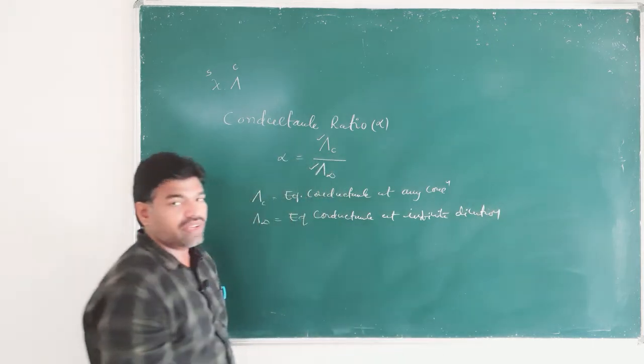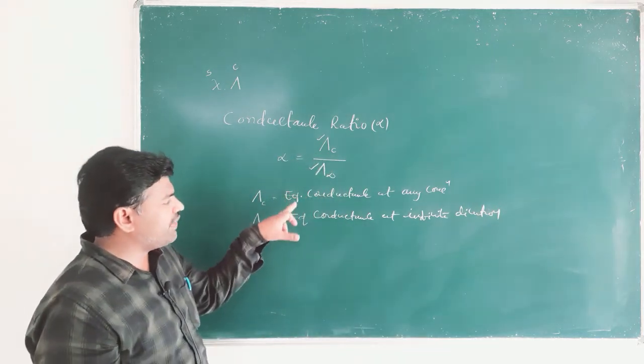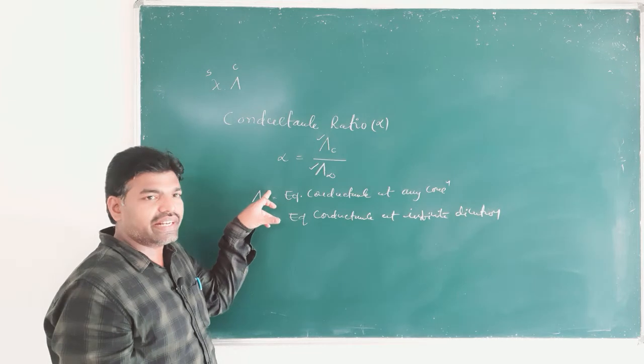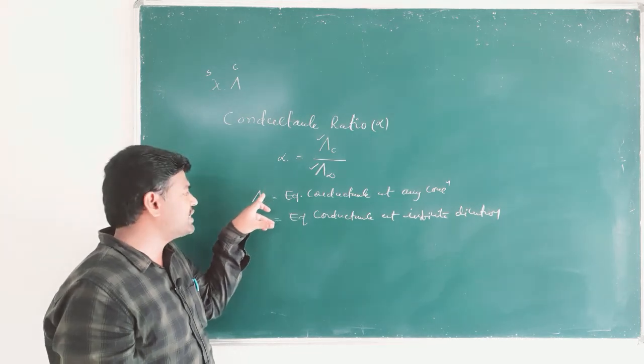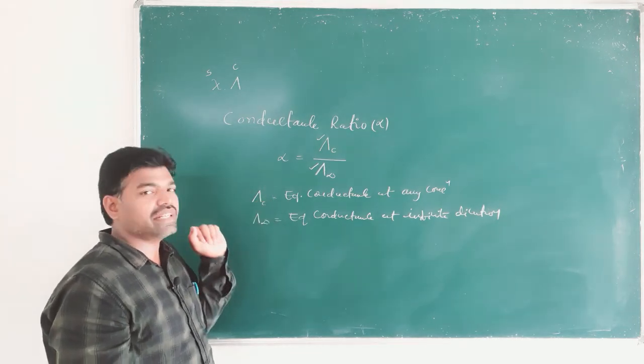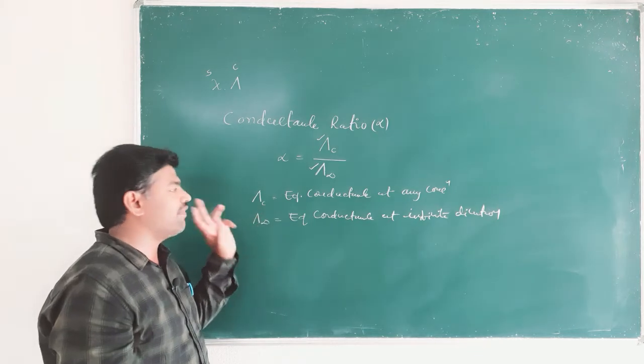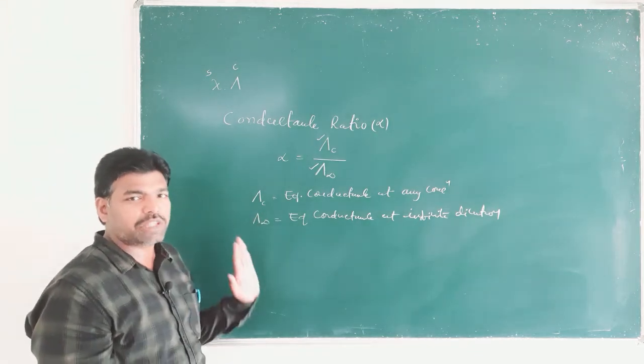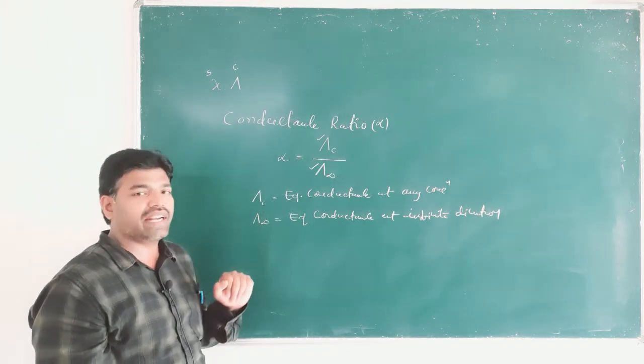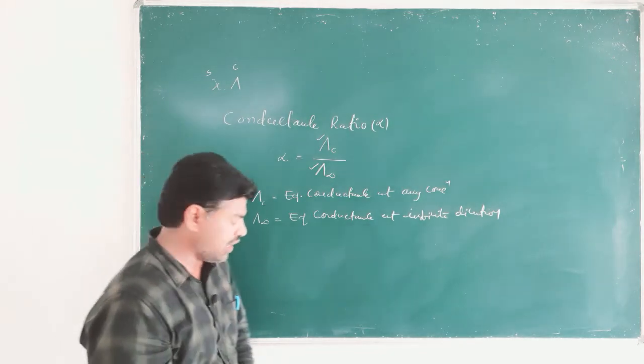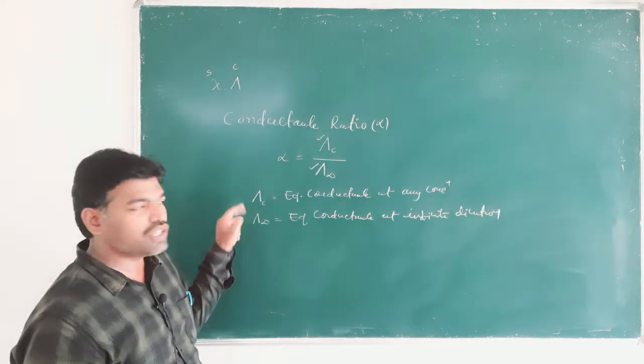First of all, you should know the difference between the equivalent conductance at any concentration and the equivalent conductance at infinite dilution. So let me explain the difference between these two.